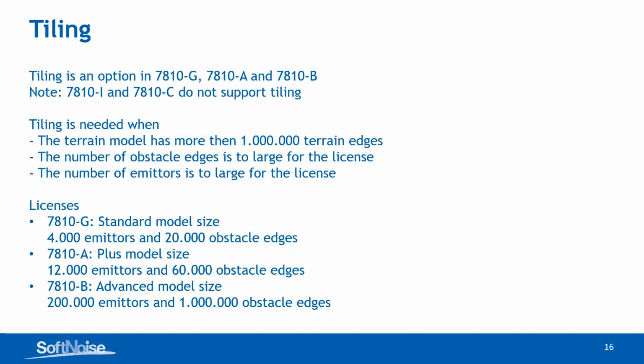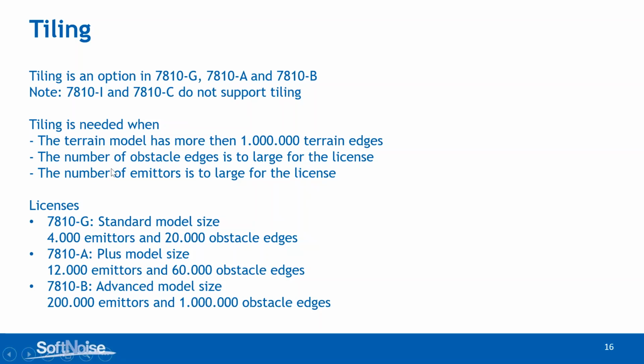The model itself can have more terrain edges. However, for the calculation, the model can only contain 1 million terrain edges. So you can create a main model with millions of terrain edges, then do a tiling, and then every tile needs to have less than 1 million terrain edges.